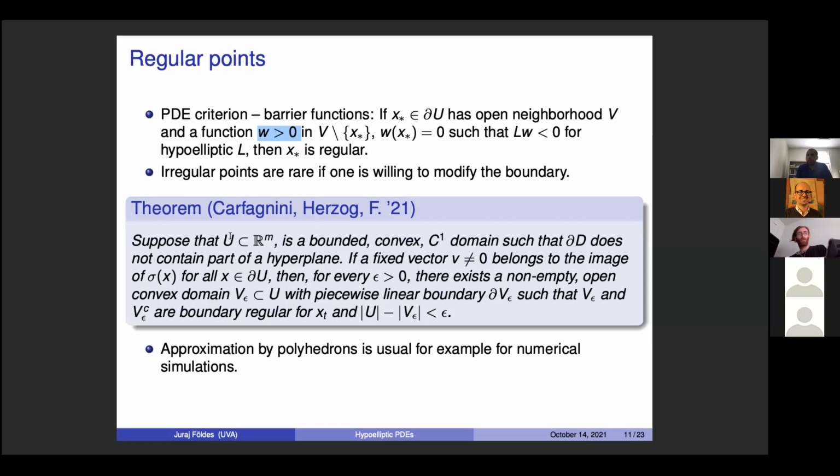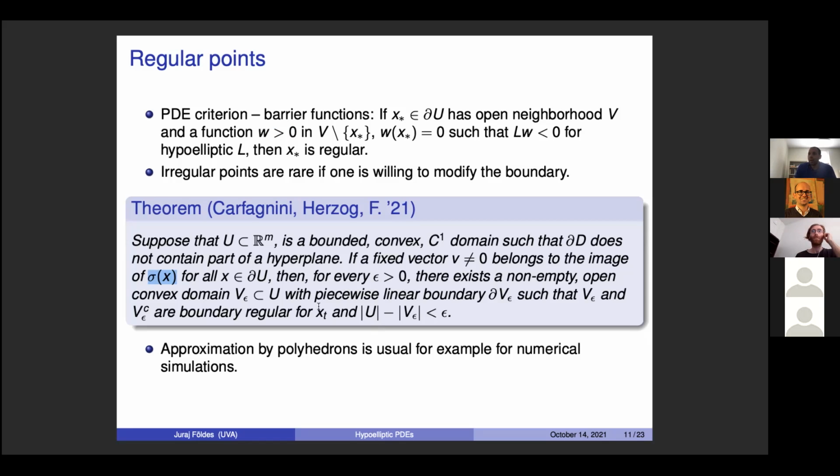So if you are in a reasonable domain, it means that domain U is C1, convex and bounded, and there's a technical assumption that you are not containing any part of a hyperplane. It really means that it's never completely flat. Here's the main assumption: you have a fixed vector V that belongs to the column space of sigma. So I have a fixed direction for every x in which the diffusion is acting.